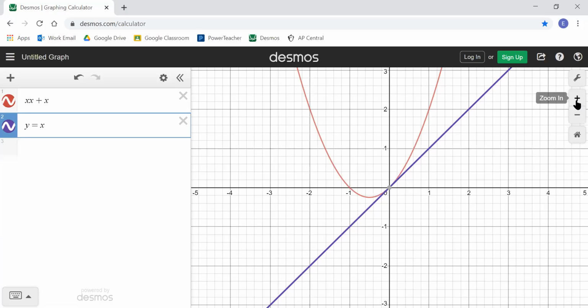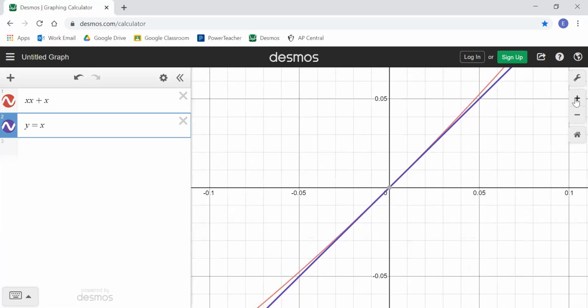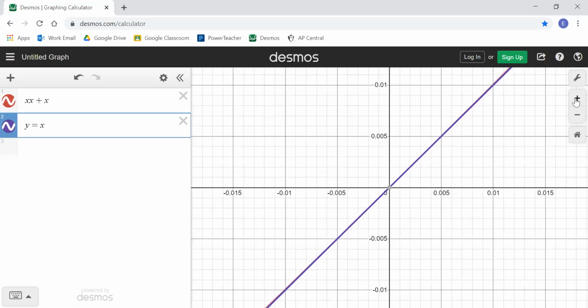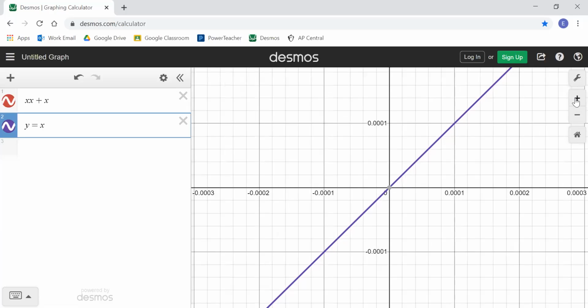And if we zoom in far enough at that point 0, 0, the closer we zoom in, it starts to look more and more like it, doesn't it? Eventually there'll come a point where I've zoomed in far enough where they're completely overlapping each other and we can't tell any difference, right? And so right at that point, at x equals 0, we know the slope is equal to 1.